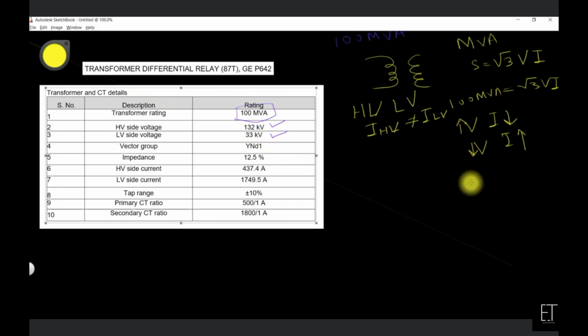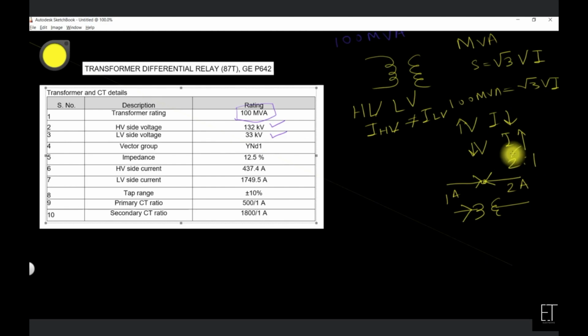We know that KCL states that current in at a given node is equal to current out. But this is not applicable to the transformer, because of the transformation ratio. For example, the current could be 1 amp at the high voltage side and 2 amps at the LV side if it is a 2:1 transformer.